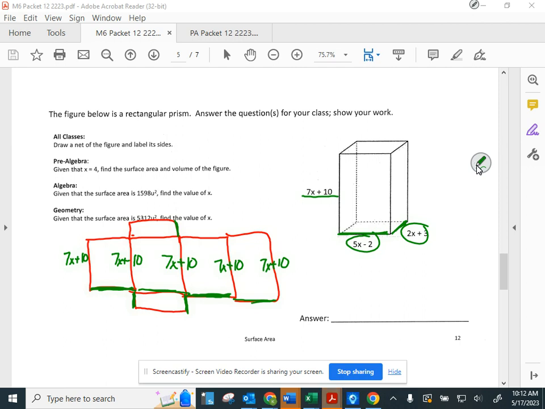So think about your Kleenex box. When you have a rectangular prism, think of our Kleenex box. Isabel, can you grab that Kleenex box and run it up to me real quick? The top and the bottom of our Kleenex box are a different size rectangle than the side here.